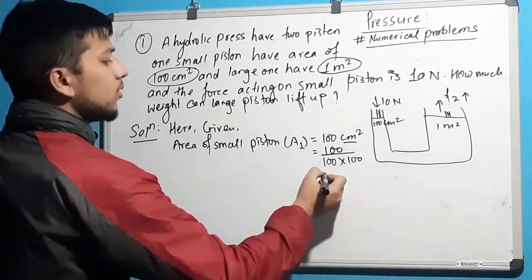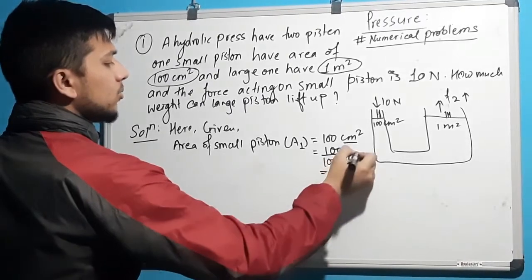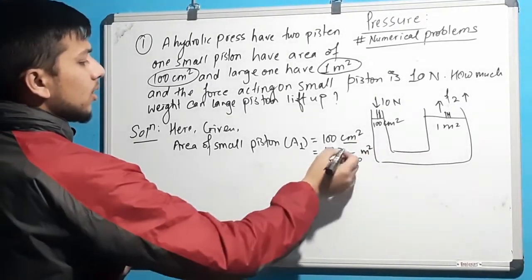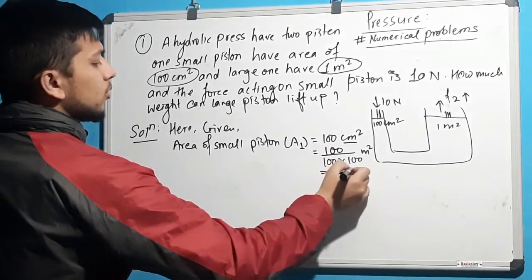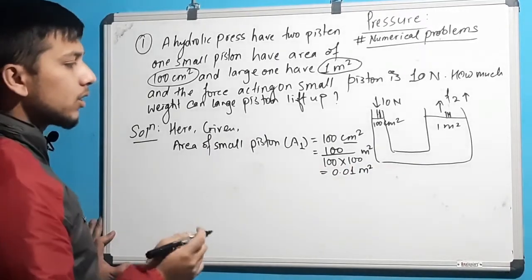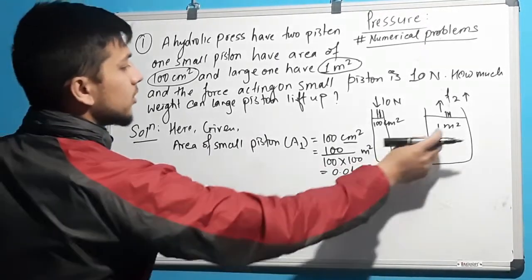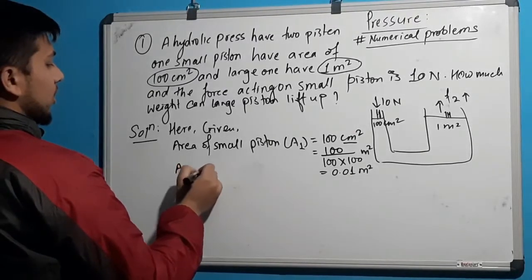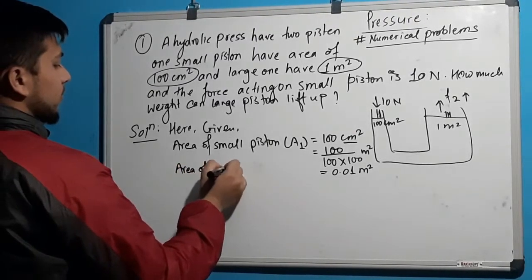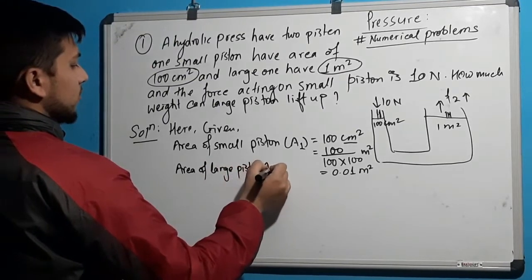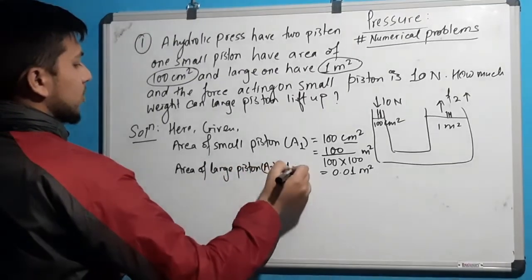In this way you have to convert, and this will be how much? 0.01 meter square. Now you can see clearly this is the small and this is the large. Area of the large piston A2 equal to 1 meter square.